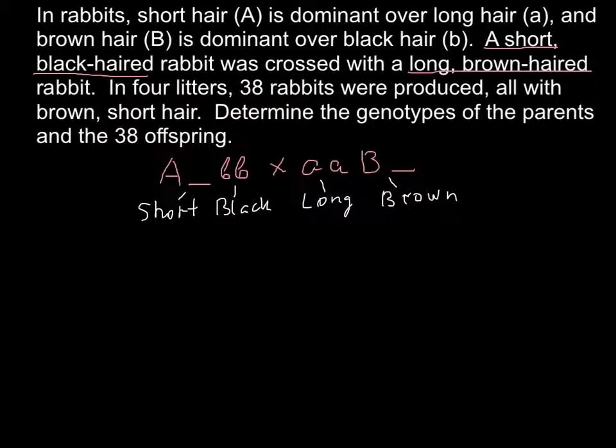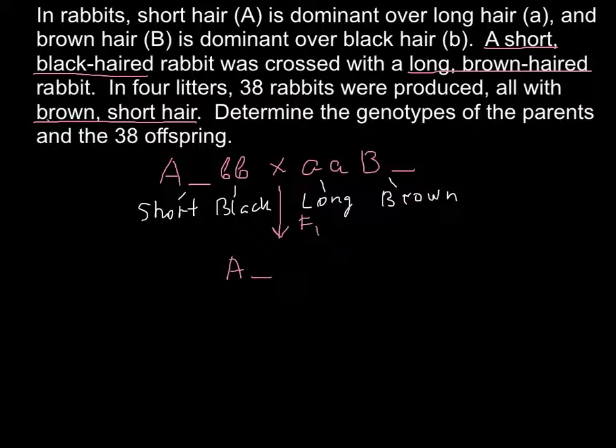So when we cross these two parents, all of the F1 generation, all 38 rabbits in 4 litters, would be brown with short hair. So short hair would be capital A, and once again a blank space for the second allele that we don't know, and the color would be brown.